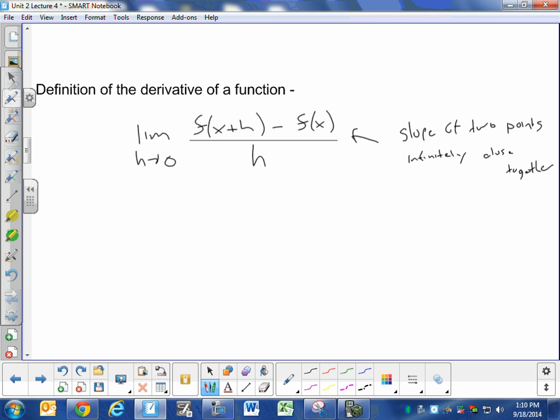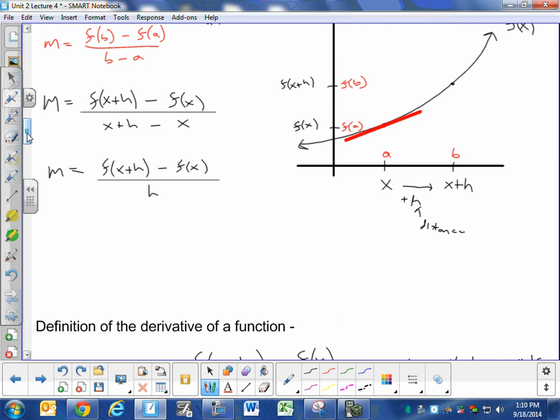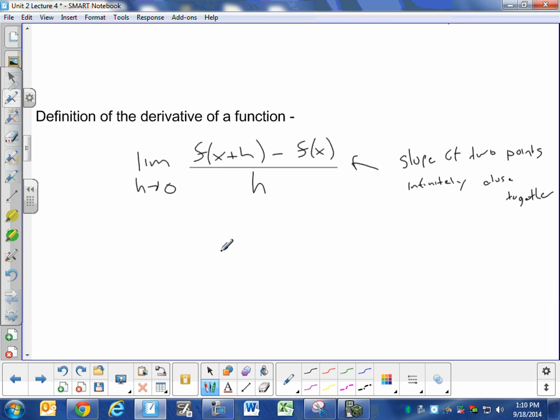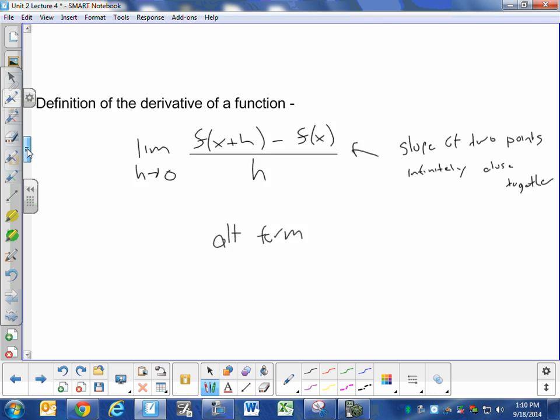Now, I could have done the same thing, but I could have said that this was c instead of x, and this was x, and this would be x minus c. There's an alternate form of this. We won't be using it, but we need to be familiar with it.